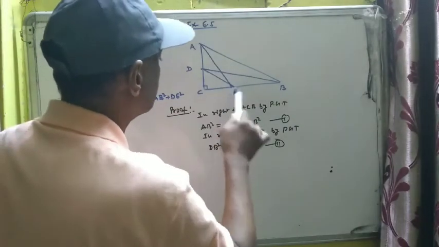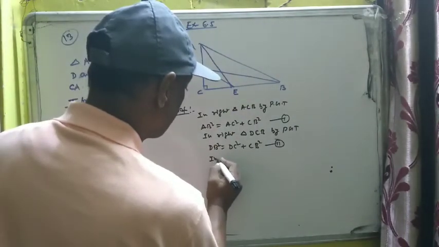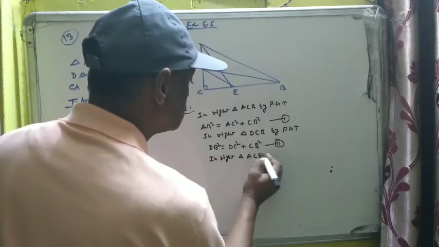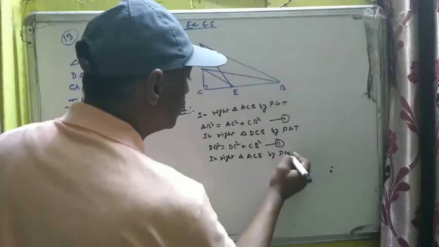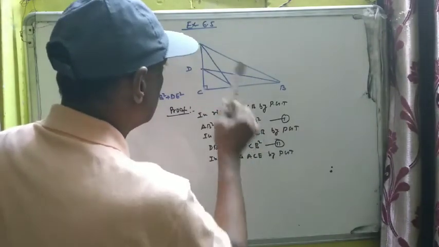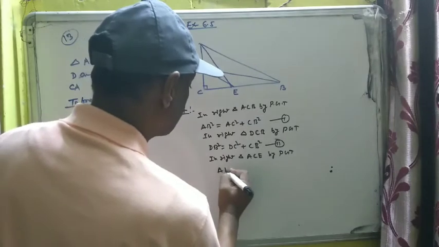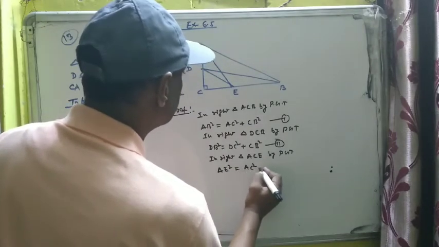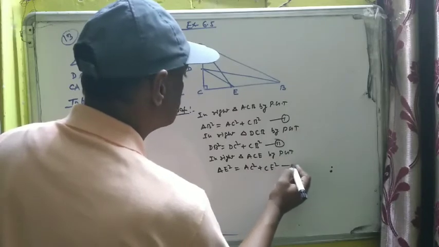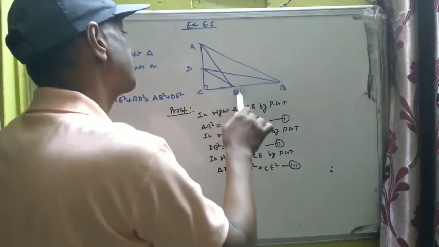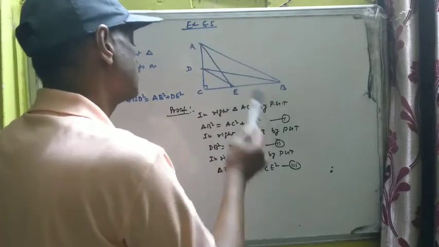Similarly, in right triangle ACE, by PGT, ACE, this triangle, AE square equal AC square plus CE square. This triangle ACE, AE is the hypotenuse and AC square plus CE square. This is equation number 3.